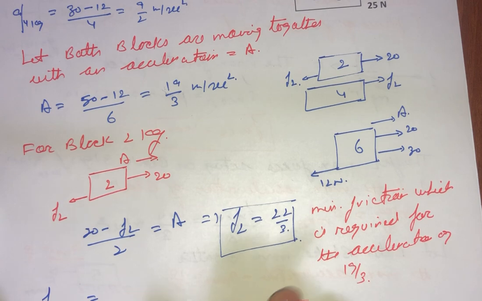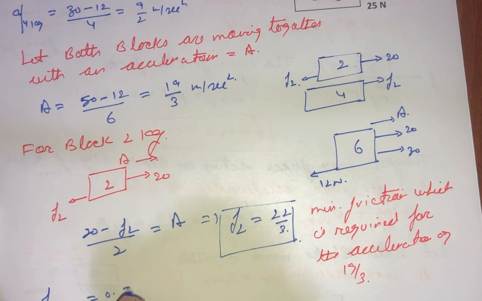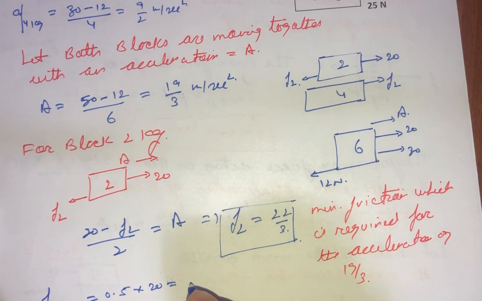F2 max will be coming as 0.5 into 20, and that will be equal to 10 Newton.